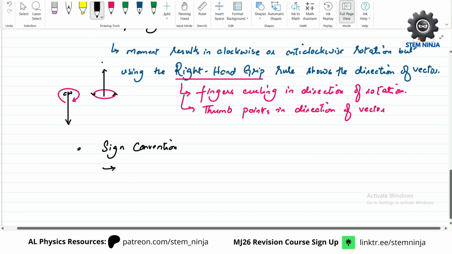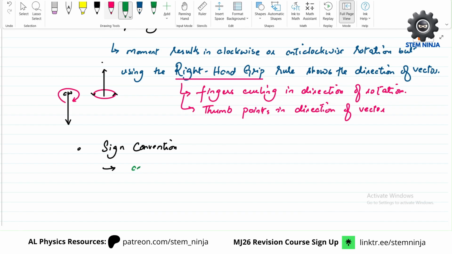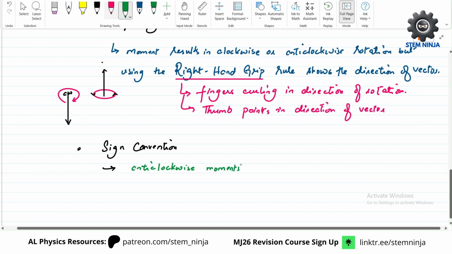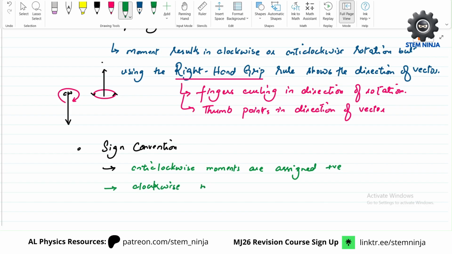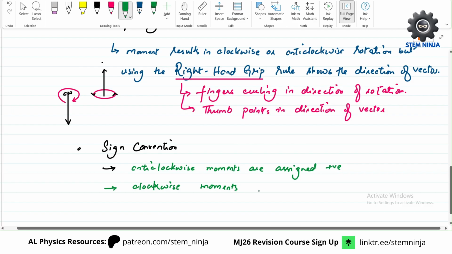Usually what we do is, it's a convention, anti-clockwise moments are assigned positive and clockwise moments are assigned negative.